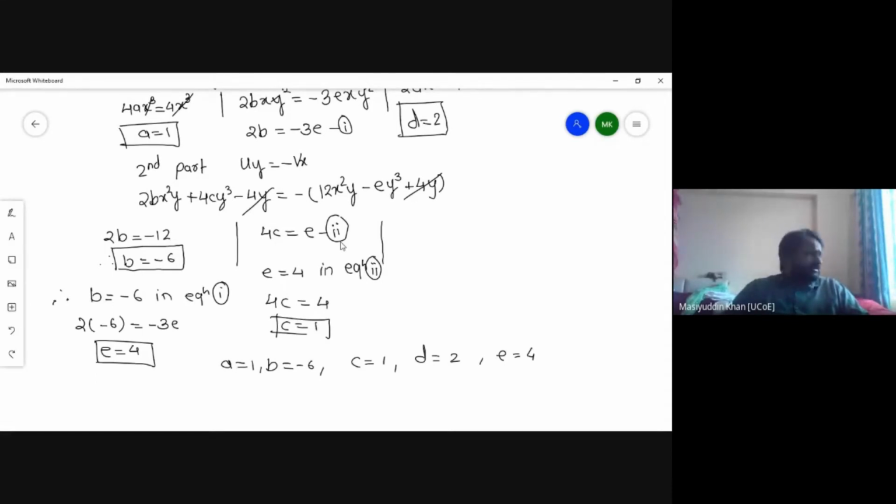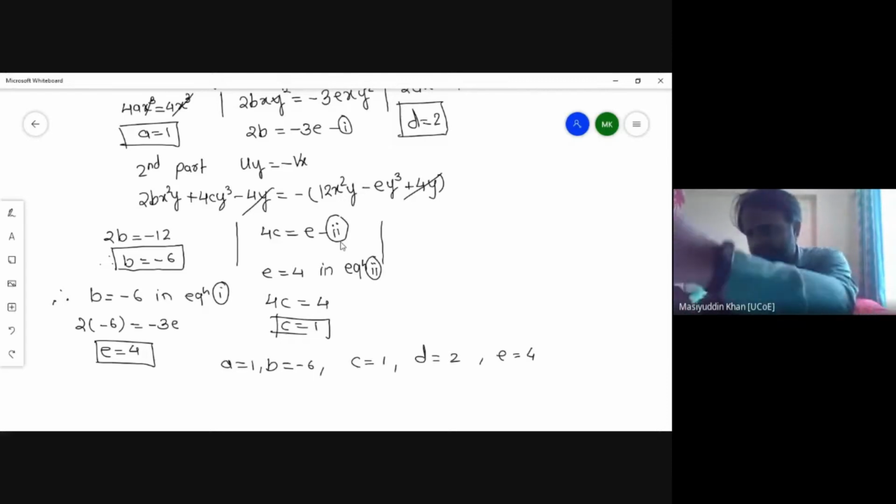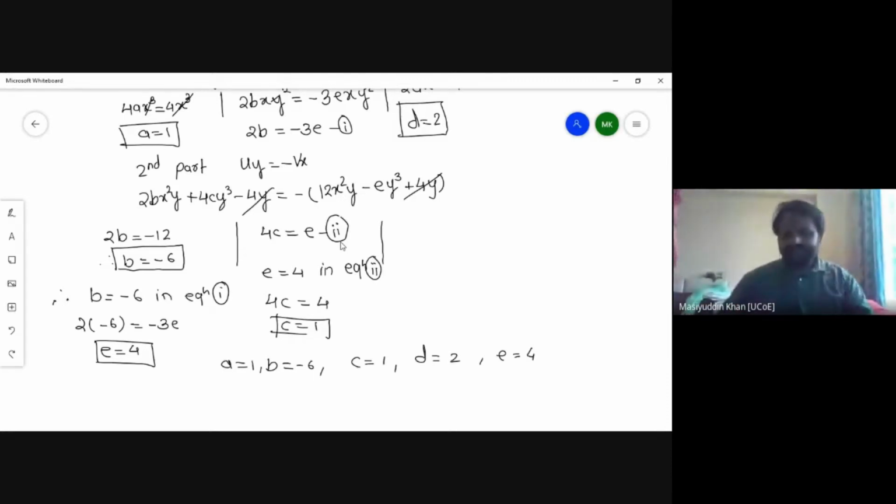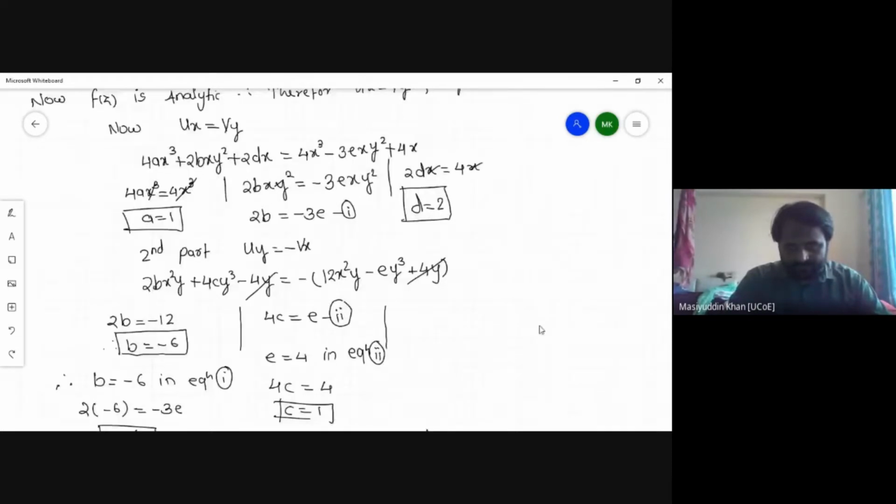Earlier, the first question was based on 4 unknowns. Now here it is 2 unknowns. Now the first part I have covered, the whole part, that is analytic function.